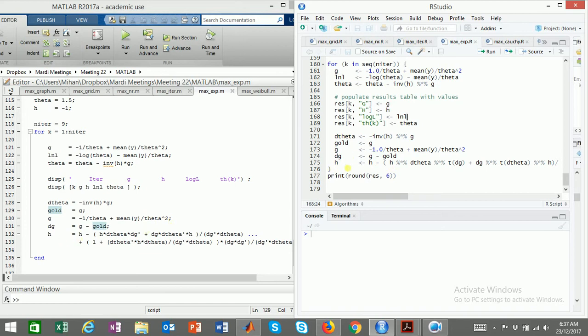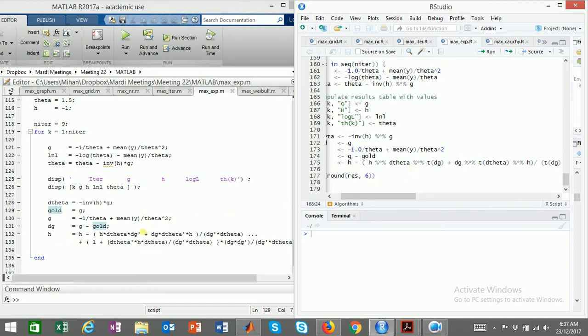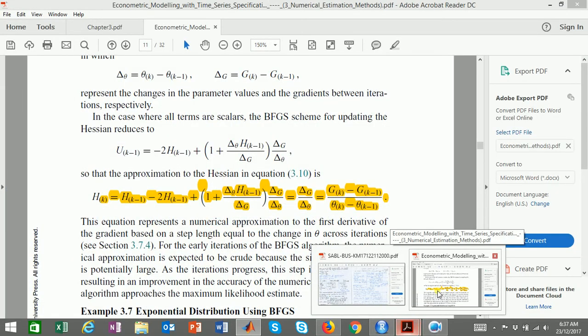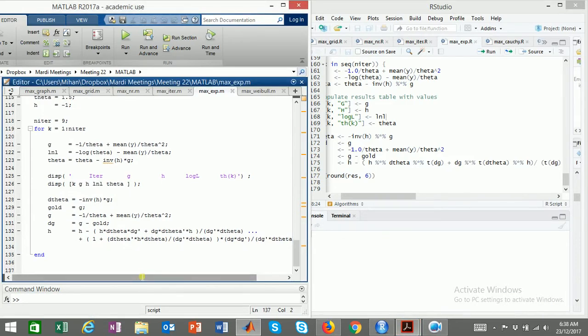Yeah, h minus h into d theta into dg transpose of dg plus dg into d theta transpose h divided by dg transpose by d theta plus 1 plus, so basically plus 1 plus delta theta d theta into d theta transpose h into d theta, h d theta into dg transpose, and d theta transpose dg transpose.